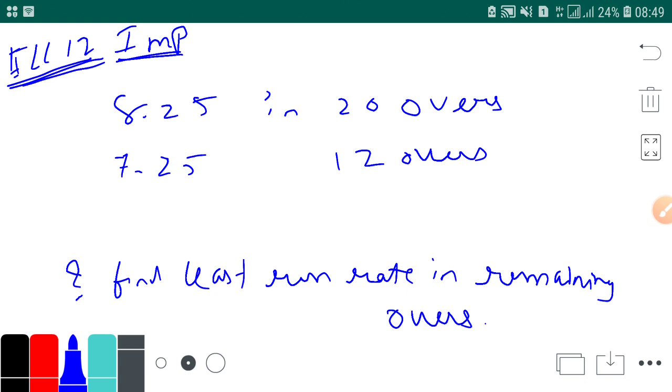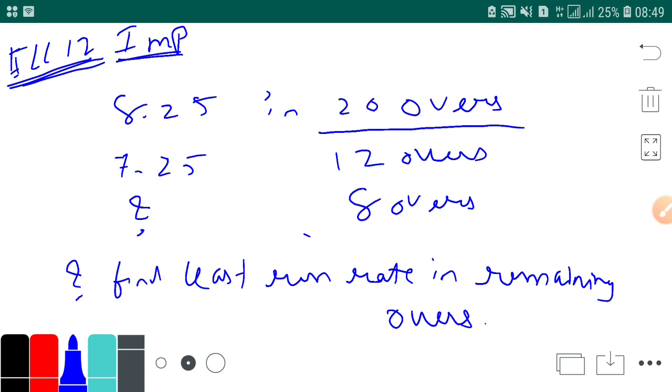Now, what are the remaining overs? Just analyze the question. A team has to score with a run rate of 8.25 in 20 overs. The run rate at the end of 12 overs is 7.25. So there are a total of 20 overs, in which 12 overs have already been bowled. 8 overs are remaining, and you have to find the run rate in these 8 overs.